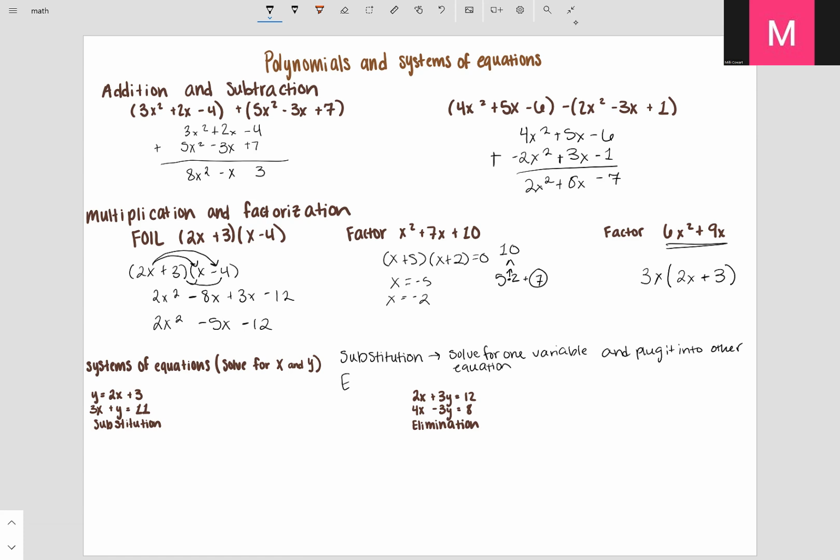And for elimination, you'll eliminate one variable and solve for the other.